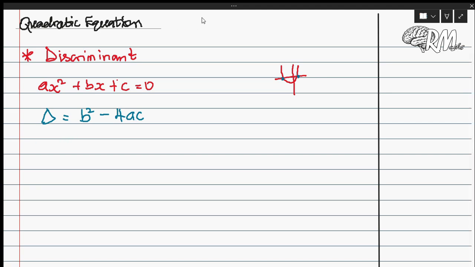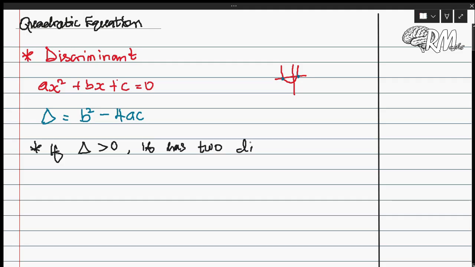The first one, if delta is greater than 0, it means it has 2 different real roots.